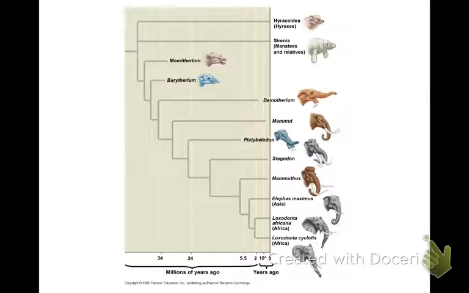Okay, so the example that he gives us is, you can see that there was at some point in time some kind of relationship with this particular creature called the Barytherium. Actually, you see that in Ice Age in one of the cartoons.